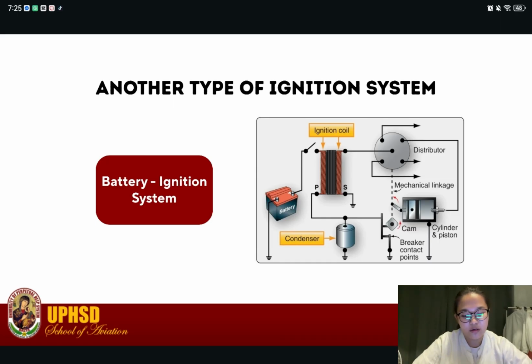In the simplest way to understand it, the battery supplies the electrical power, and then that power goes to the ignition coil, which boosts the voltage, and then the boosted voltage goes to the spark plugs, creating a spark. Then the spark plugs ignite the fuel and air mixture in the cylinder.